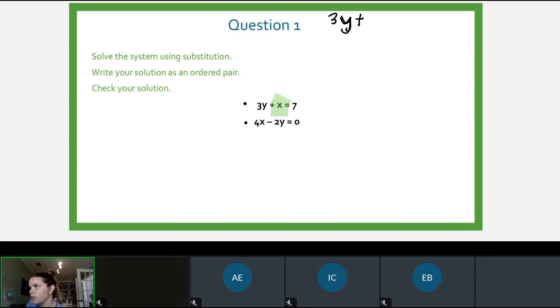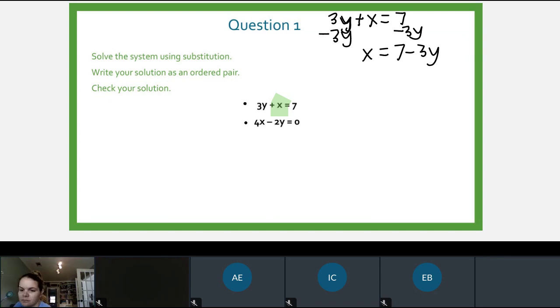So 3y plus x equals 7. I'm going to subtract 3y from both sides. So x is going to equal 7 minus 3y. Well, we're not saying that x equals 1, Richard. We're saying the coefficient of x is 1.